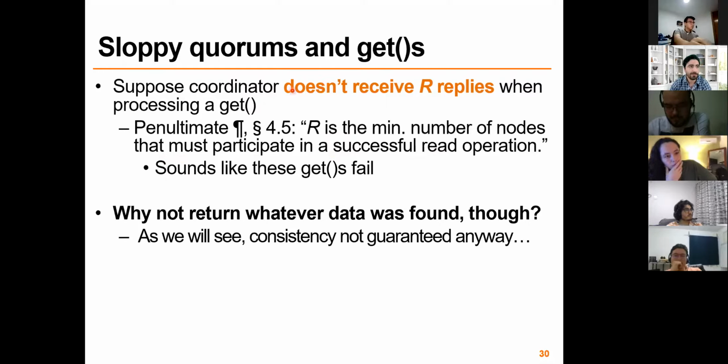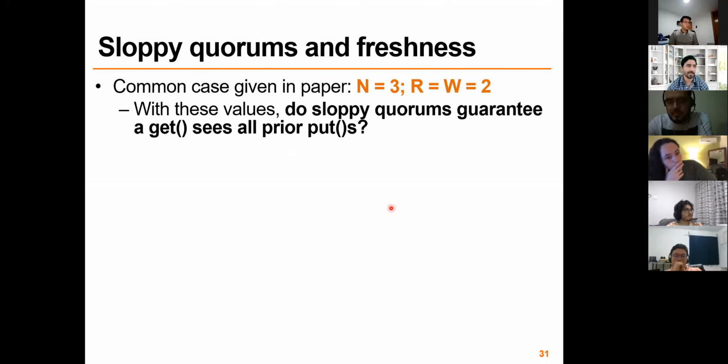But if you get replies from only 1, you can consider that a fail. But the idea is, why not return whatever data you can find, okay? Because at the end, the consistency is not guaranteed. So you can think about that scenario as well.